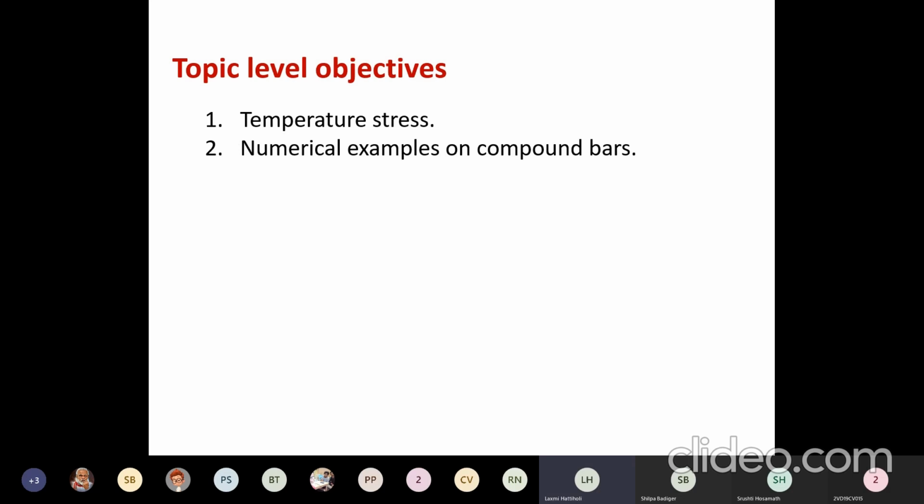Now we shall check out numerical examples on compound bars subjected to temperature stress, and how two or more materials behave when temperature stress acts on them. That's the main objective of today's class.